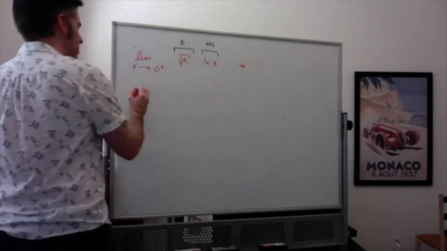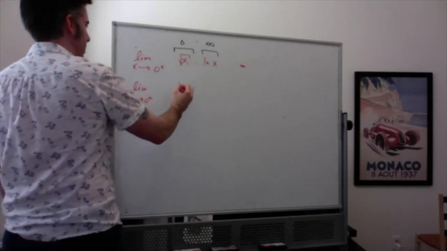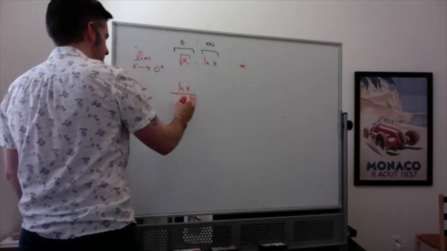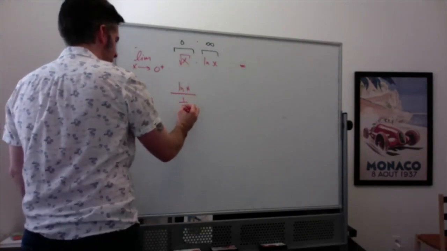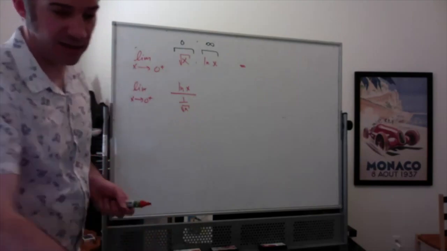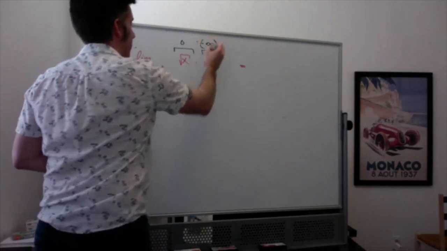Let's see, what can we do? We have to rewrite this. I'm going to rewrite this as the natural log of x over the reciprocal of that, 1 over the square root of x. Now the top is negative infinity, because natural log goes to negative infinity.